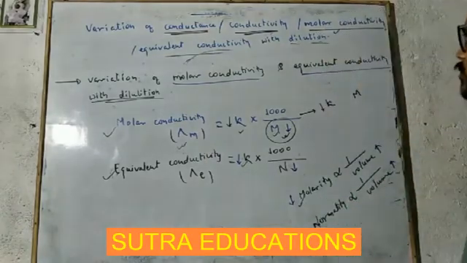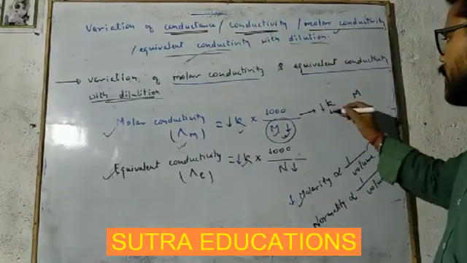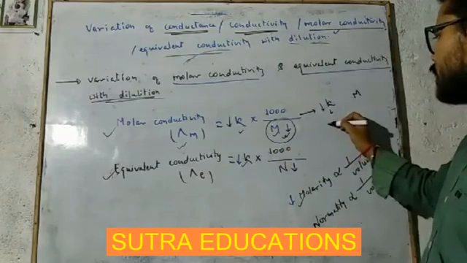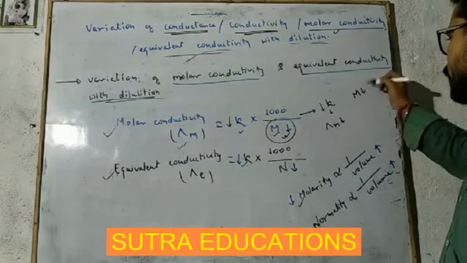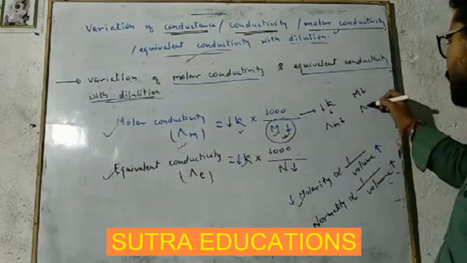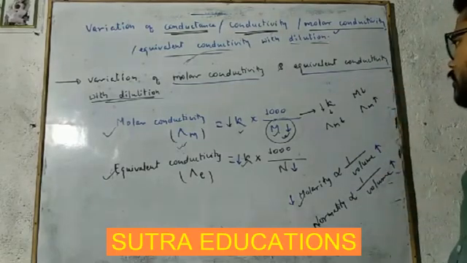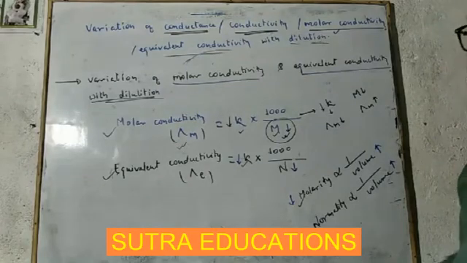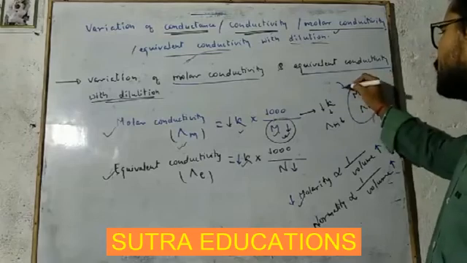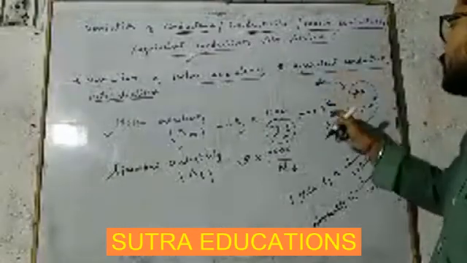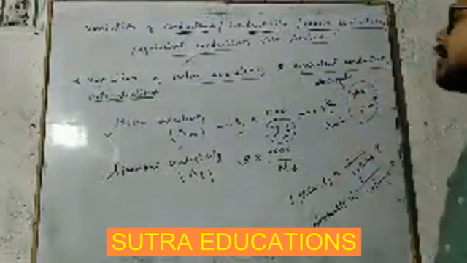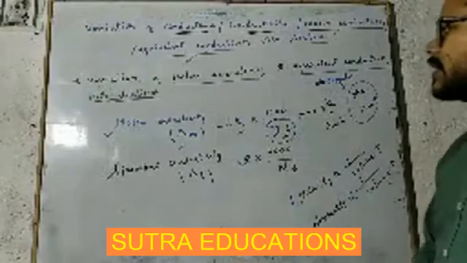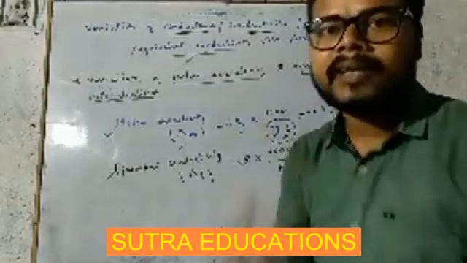So kappa shows molar conductivity is decreasing, and molarity shows molar conductivity is increasing. Are you getting this? Molarity dominates. Effect of molarity dominates over kappa.